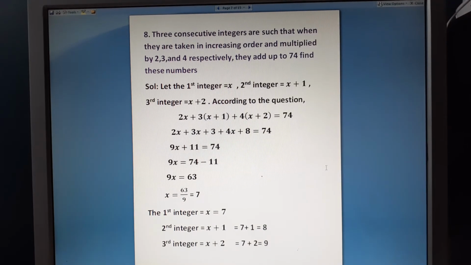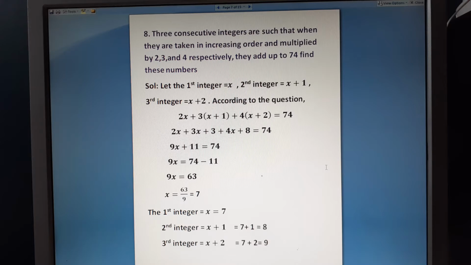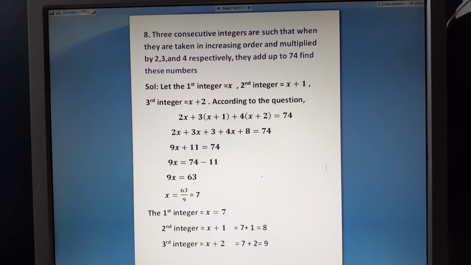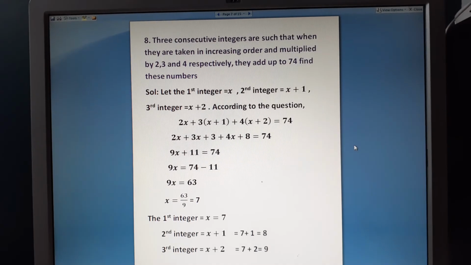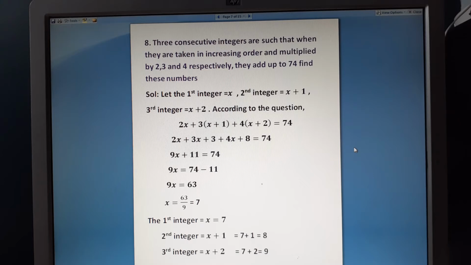Next problem, that is 8th one. 3 consecutive integers are such that when they are taken in increasing order and multiplied by 2, 3 and 4 respectively, they add up to 74. Find these numbers.